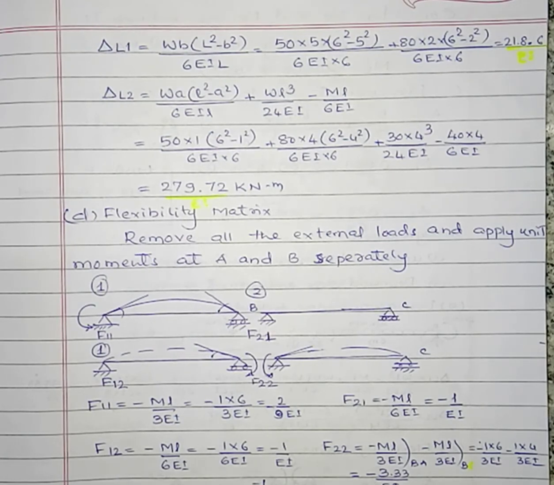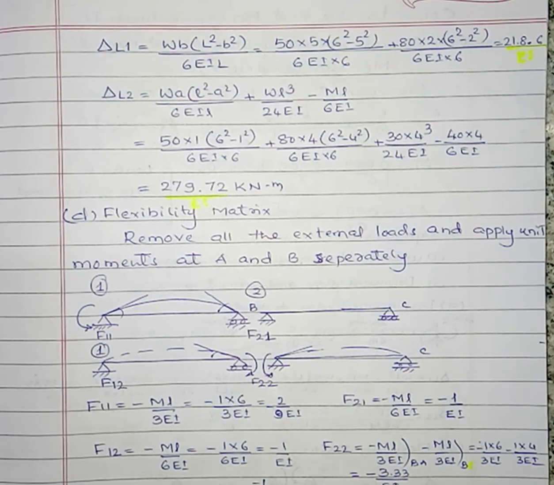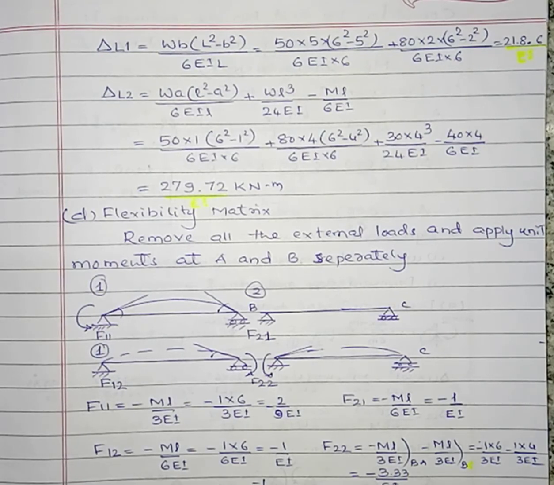The redundant matrix R is given by the inverse of the flexibility matrix into the sinking or settlement of the support minus the displacement due to the applied loads acting on the continuous beam.